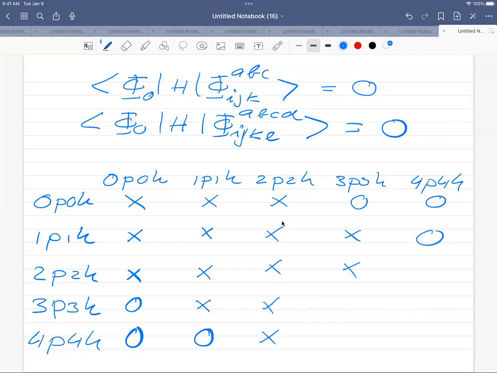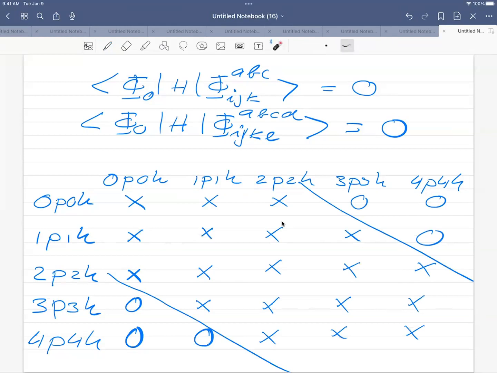But then this would continue like this, and these would be non-zero elements. And what you see now, if you're setting this up as a matrix, is that you will have a band diagonal matrix. So you will have a band with matrix elements which are non-zero. And here, in this specific slot, you have more than one contribution because you have many 2-particle 2-hole states.